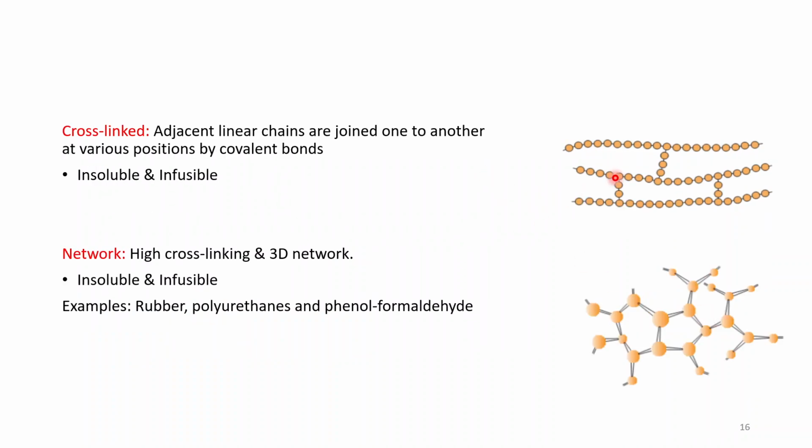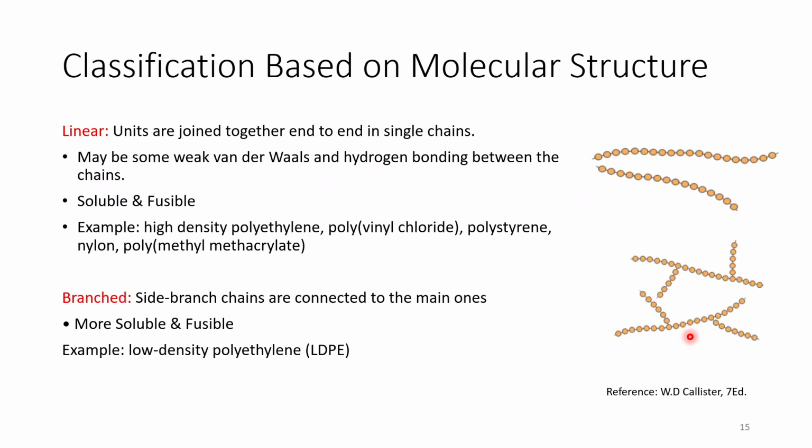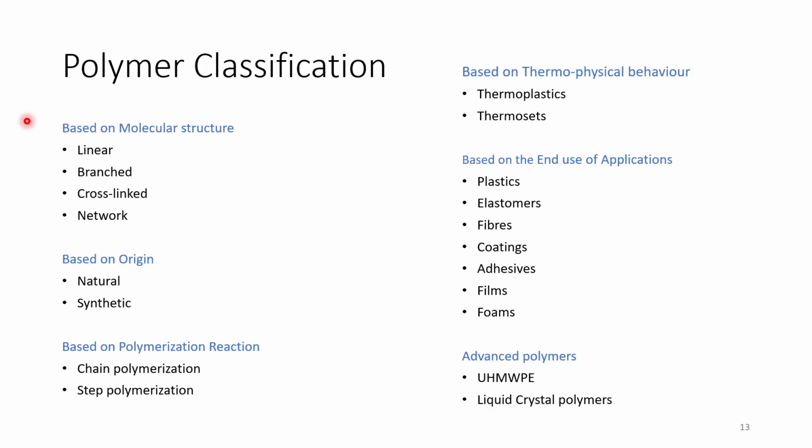Then you have cross-linked, so there will be cross-linking in between two chains with the help of covalent bonding. Then you also have network type of structure. You must have seen silica structure in previous lectures, so this type of structure will be forming. 3D type of network will be forming, making it insoluble and infusible. So based on molecular structure, you have these four classifications.